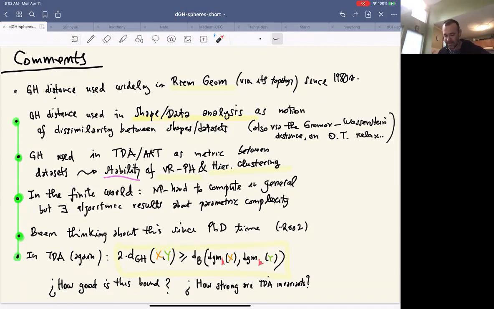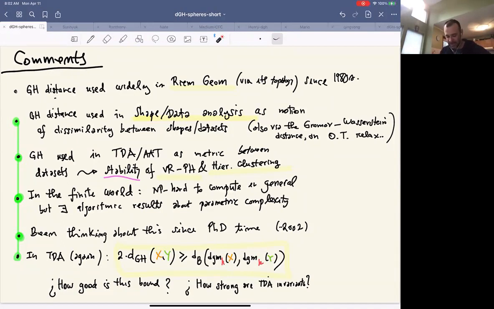Now, it has also been used in shape and data analysis as a notion of similarity between data sets. In particular, it has been applied in topological data analysis, or applied algebraic topology, as a way of expressing what it means for a certain method to be stable.